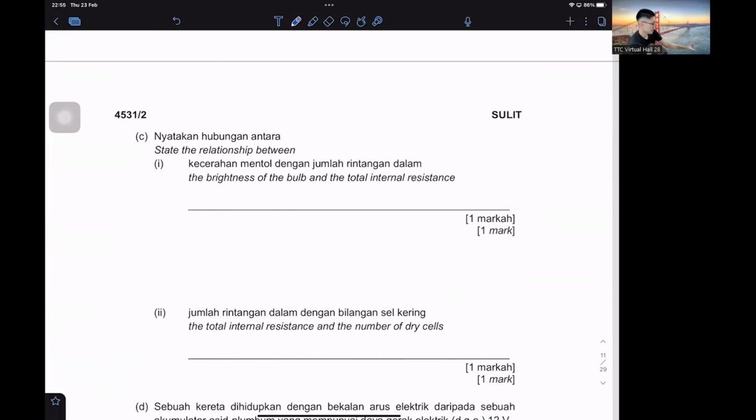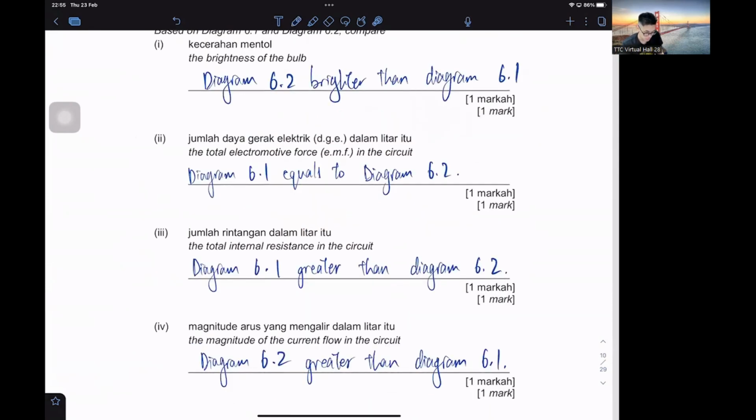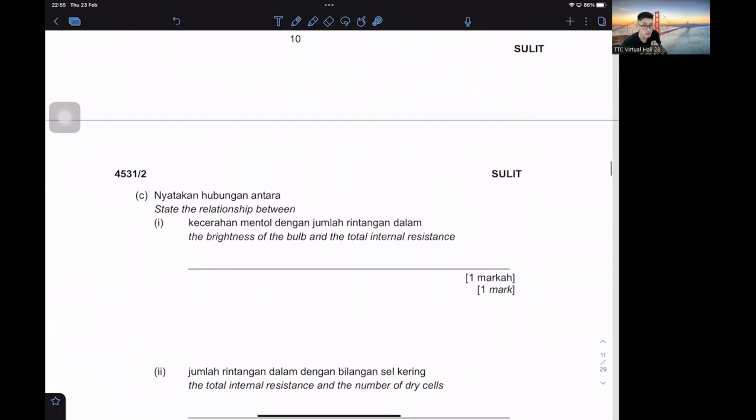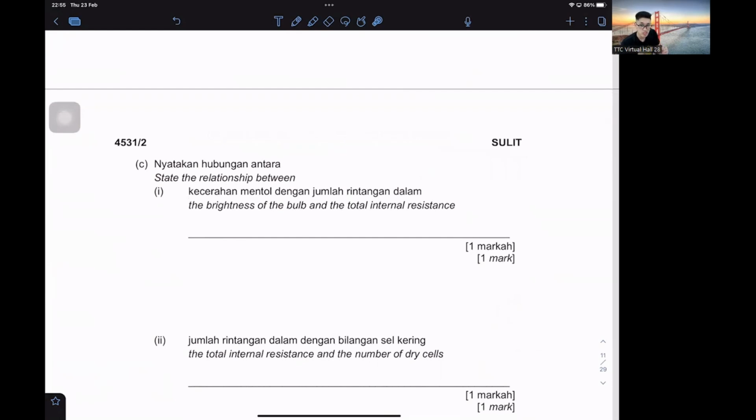Okay, then after compare, naturally you will have to state the relationship. So the relationship between brightness of the bulb and total internal resistance. So you can see, this one 6.1 more total internal resistance, but lesser brightness. For this, you have to be careful because you have to think about which thing affects which one. You see the way they write, brightness of bulb and total internal resistance. Some students will say, oh, the brighter the bulb, the lesser the total internal resistance.